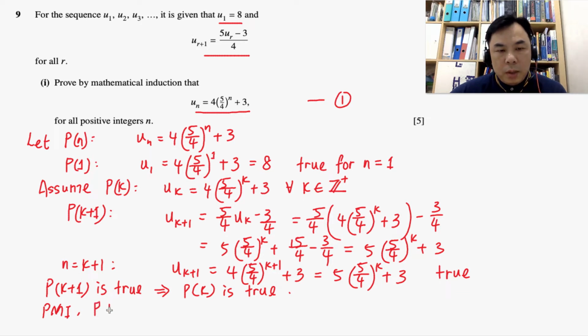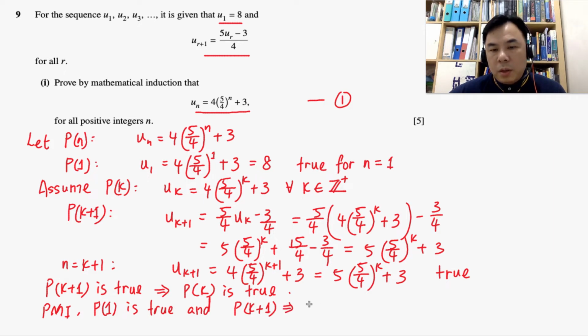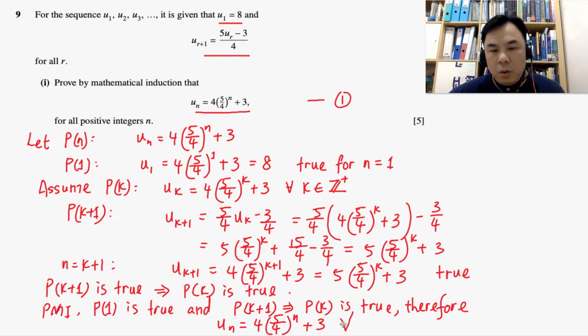Knowing that P1 is true, and Pk plus 1 is true implies that Pk is true, therefore we can conclude that un is equal to 4 times (5/4) to the power of n plus 3 is true for all n that is a positive integer.